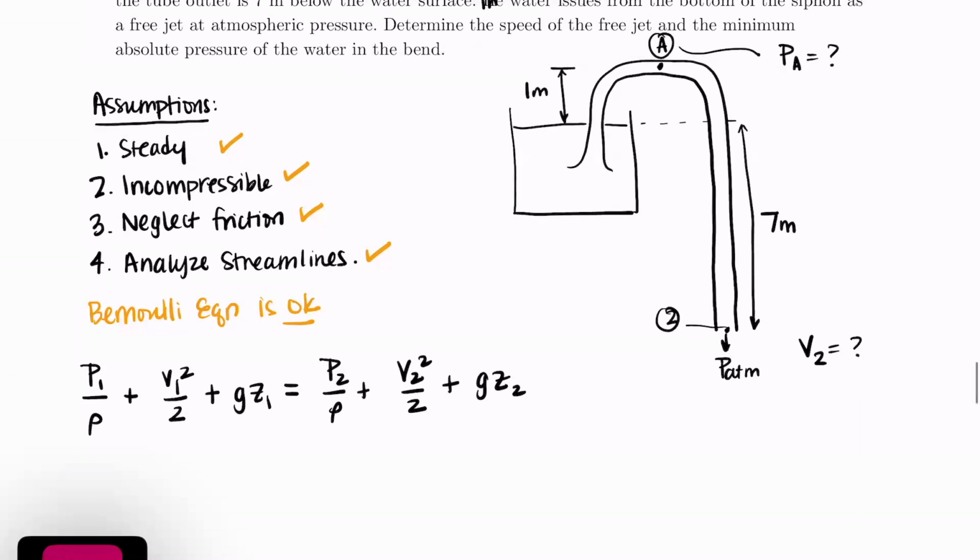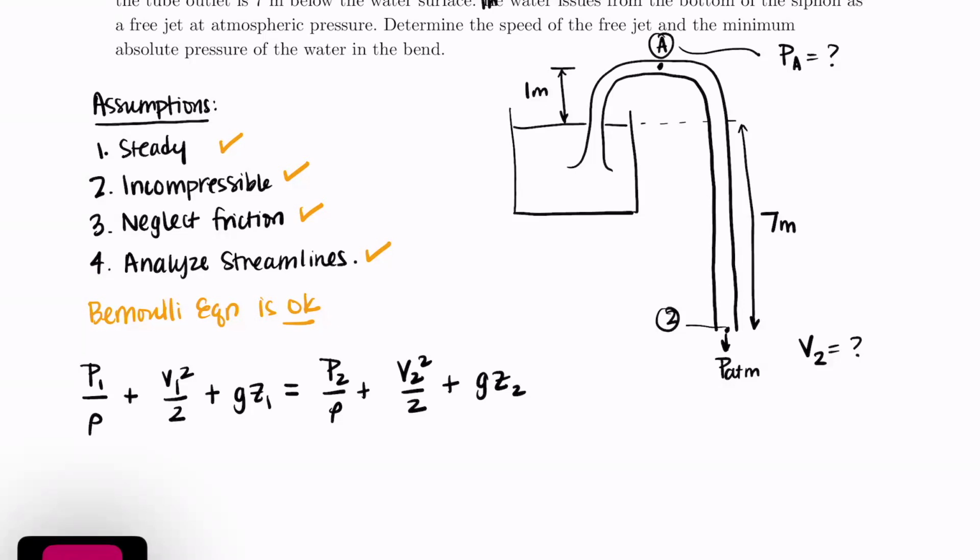We want to find the pressure at A, and we also want to find the velocity at 2. Does anybody have any ideas of some streamlines that we should pick out in this example to find those two items? I'd suggest that we find them separately. Which one do we want to find first?